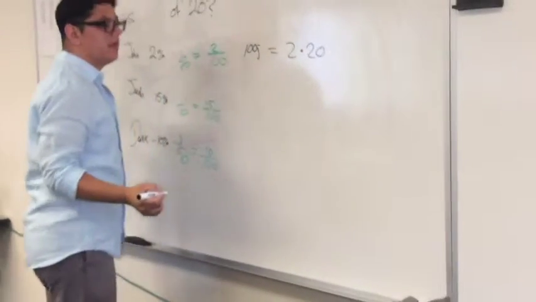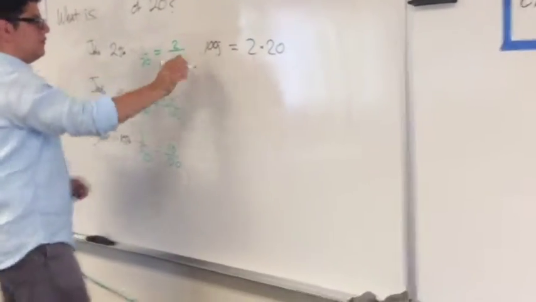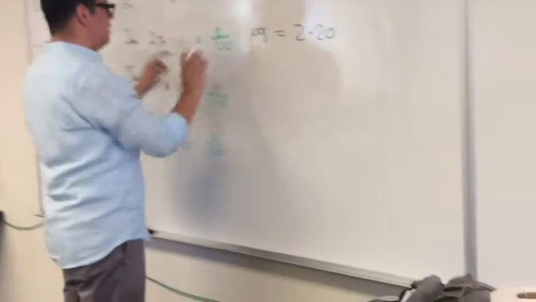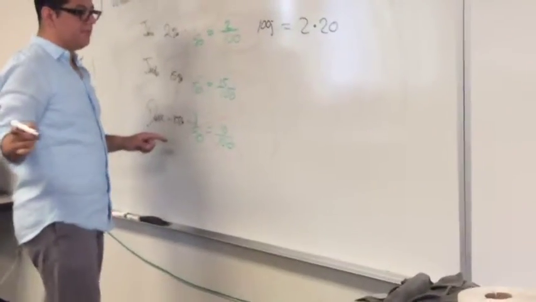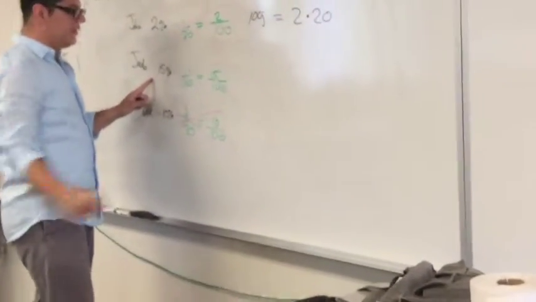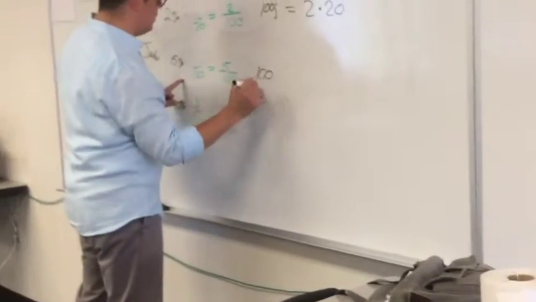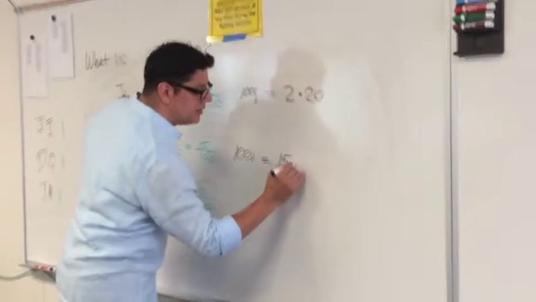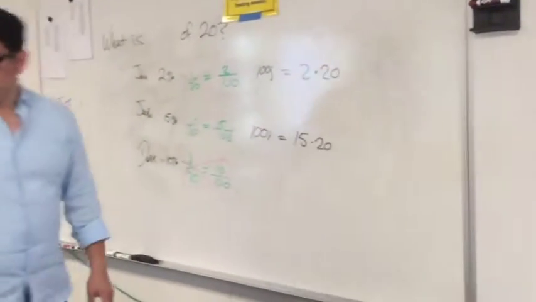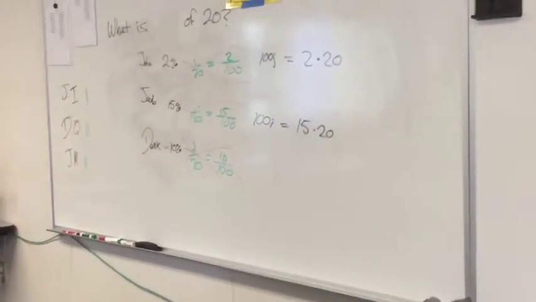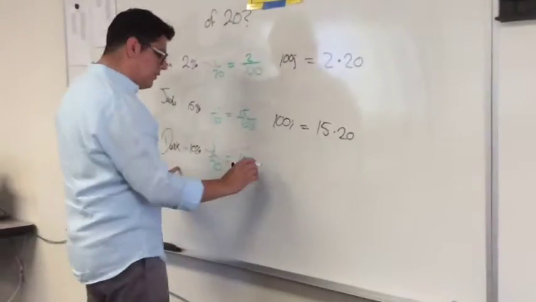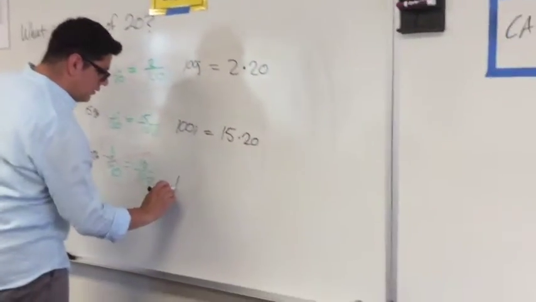I'm not solving it yet. Jacob, yours is going to be 100 times your variable, right? Just 15 times 20. Did you multiply 15 and 20? Good. Derek, what am I doing with yours? 100 and d. Good.